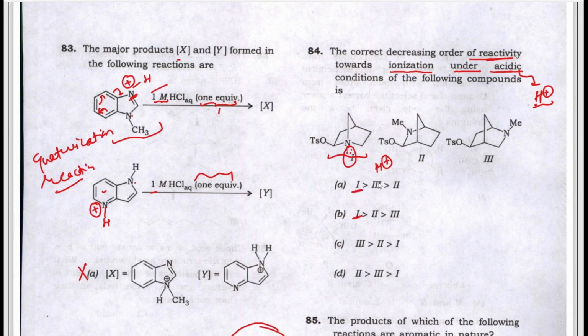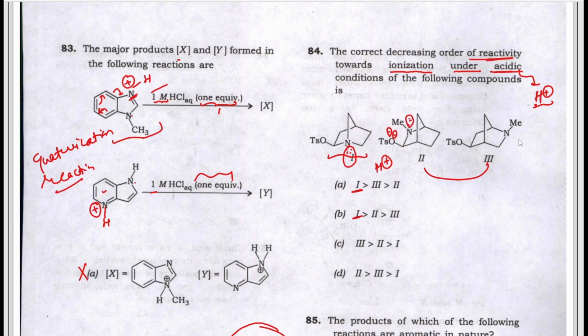Okay, first compound. But if we compare these two options, in this case there will be steric hindrance because here is the oxygen of the methoxy group that also contains two lone pairs of electrons, and similarly nitrogen contains one lone pair, so this lone pair will not be easily available to donate.